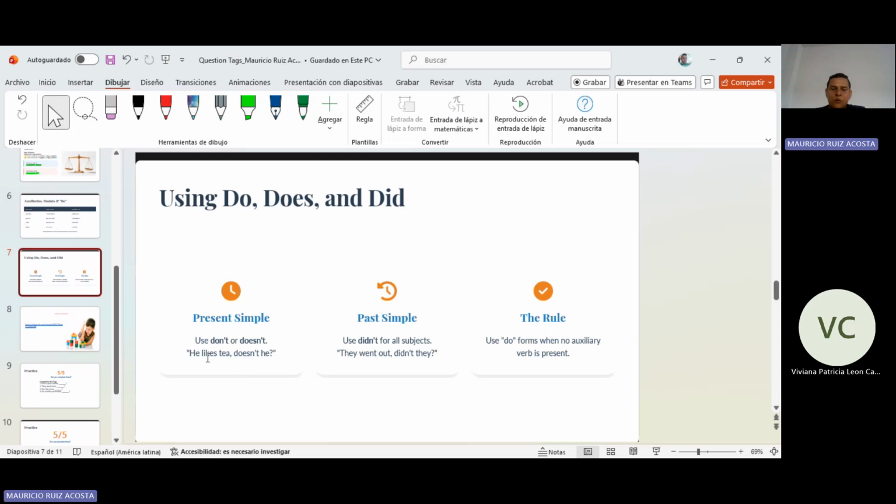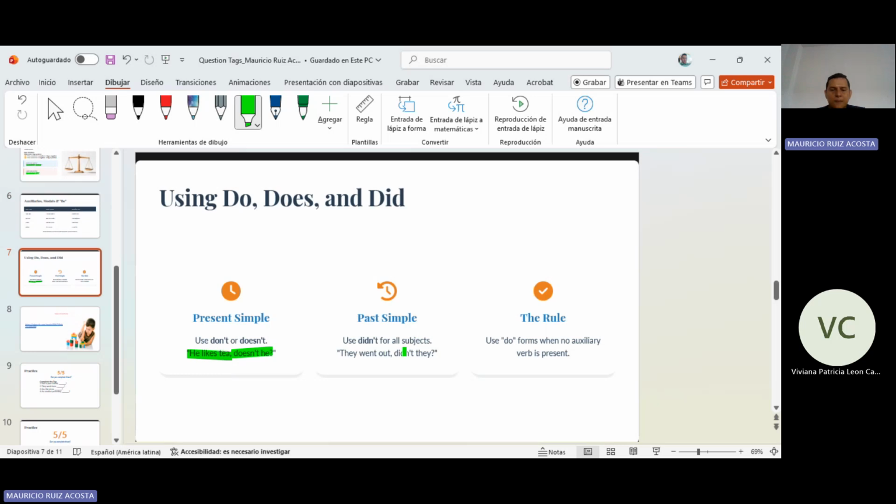In the present simple we don't have any auxiliary verb, and the main verb is conjugated with s in the third person. When we form the tag question, we use doesn't he because we use do in the present simple.